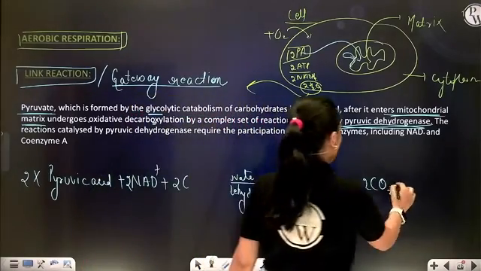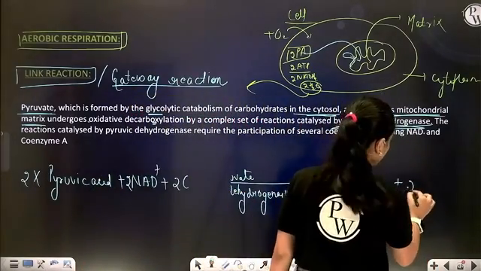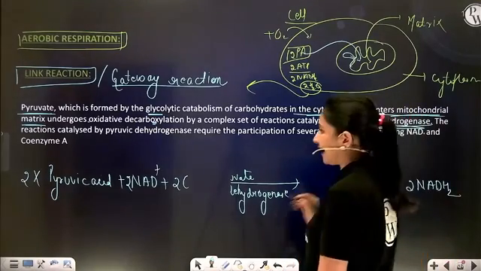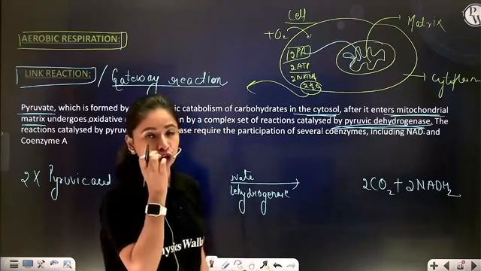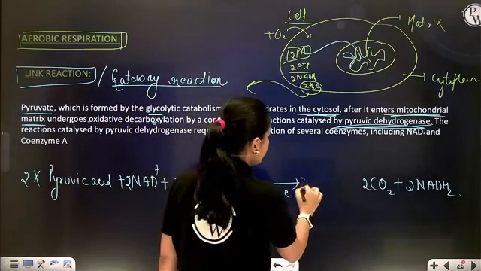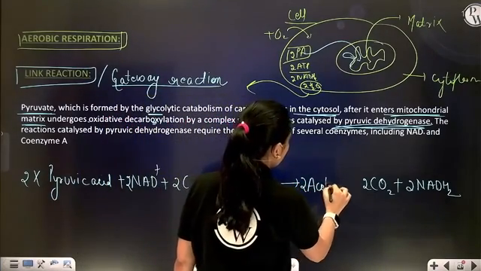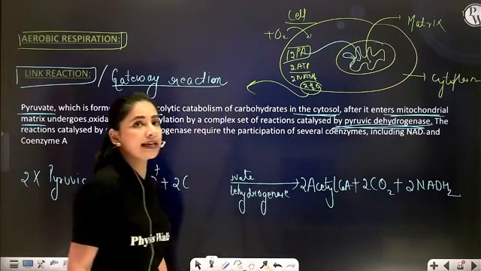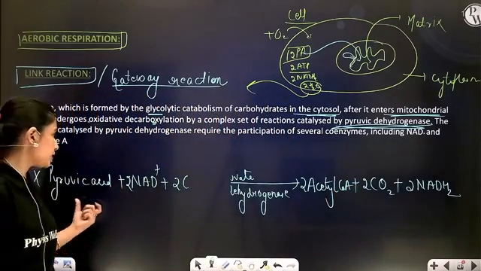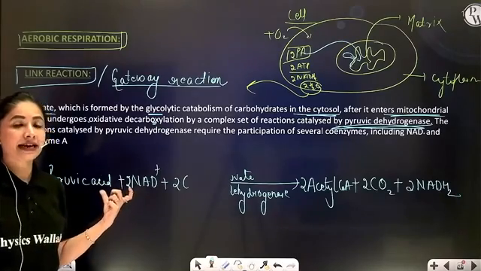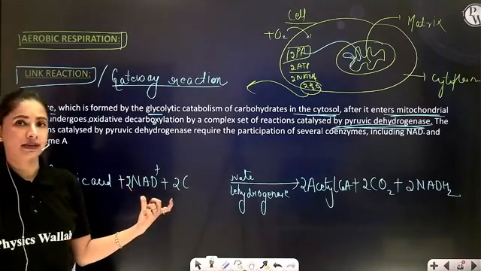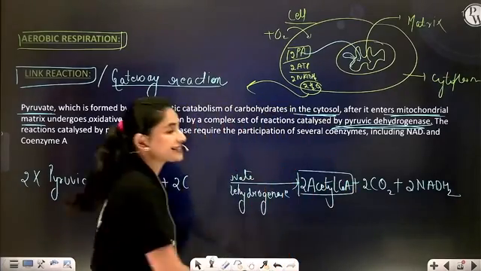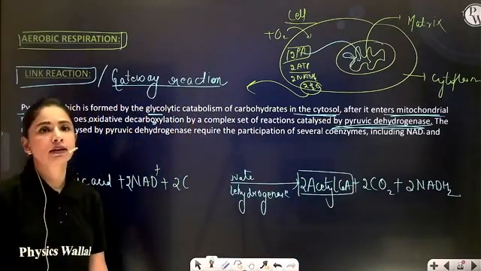Second, NAD positive will get reduced to NADH2, and to whatever product is produced, coenzyme A will be added. So finally you obtain 2 molecules of acetyl coenzyme A. So 2 molecules of pyruvic acid get oxidatively decarboxylated to produce 2 molecules of acetyl coenzyme A.